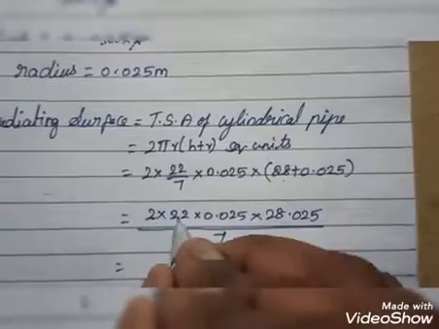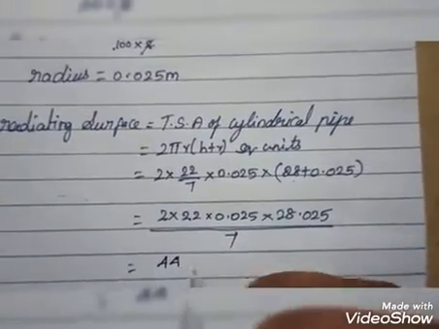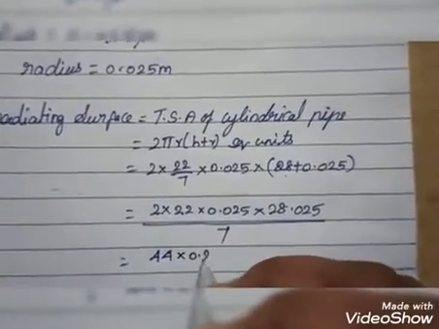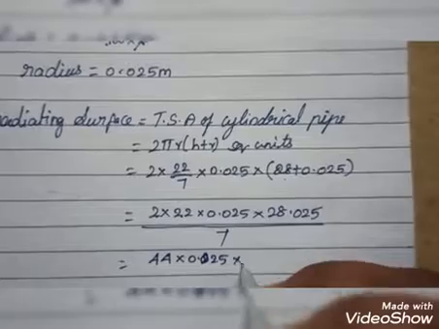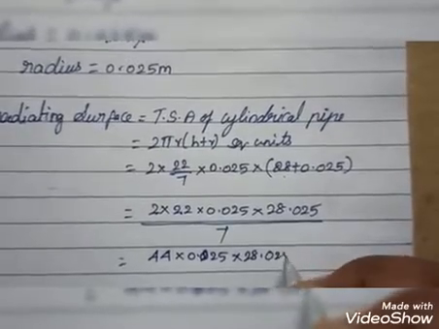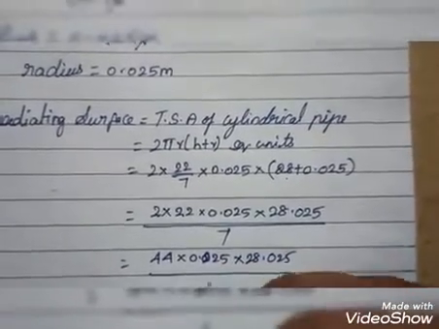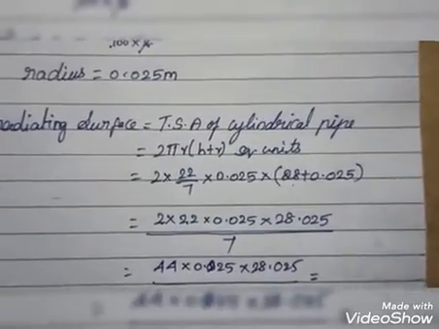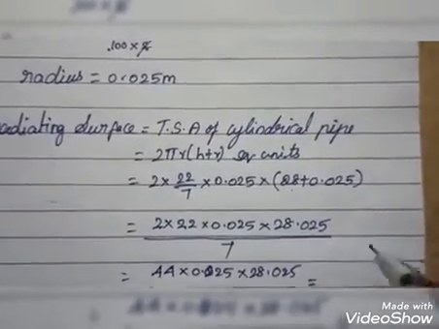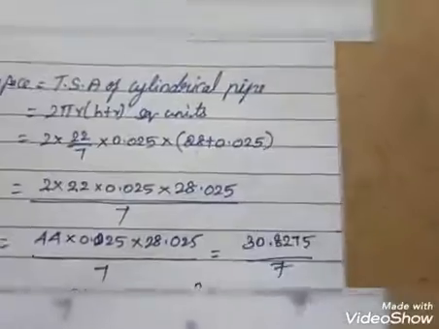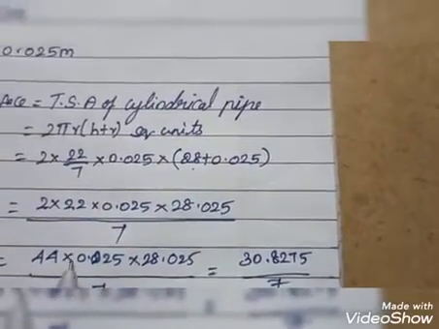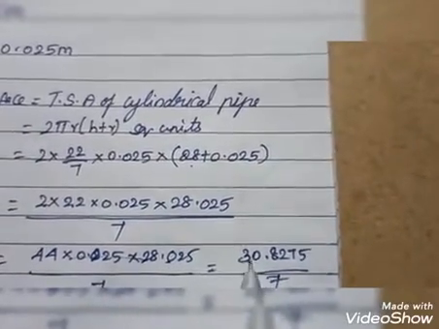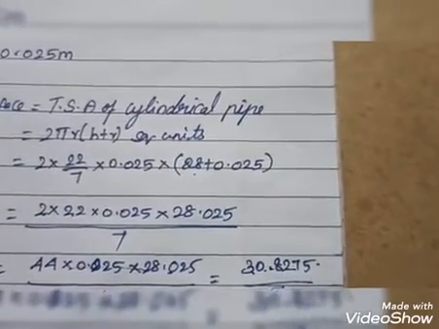So 2 into 22 is 44, into 0.025 into 28.025, divided by 7. What is the answer? While calculating this, you multiply these three values. You get 30.8275 divided by 7.